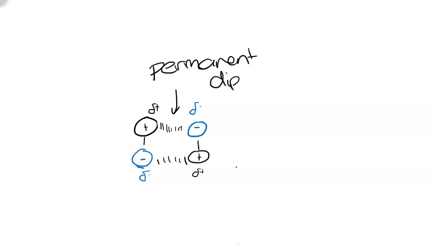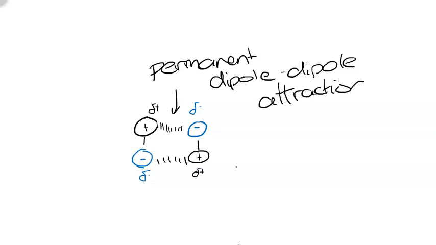In these molecules, because there's still the electron cloud, there would still be instantaneous dipole-dipole attraction as well, but there's going to be permanent dipole-dipole attractions on top of that.